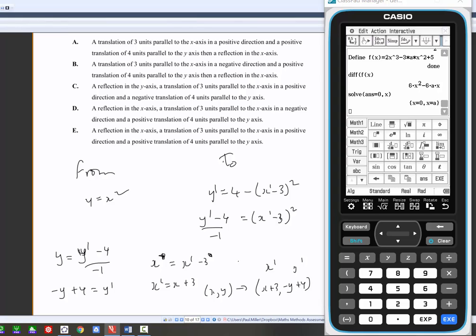This is a reflection in x, a translation of 3 units parallel in the positive direction, that's that, and a positive translation of 4 units parallel to y, that's that. Yep, it's E.